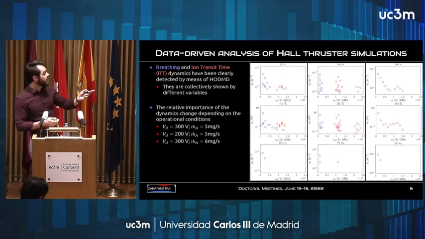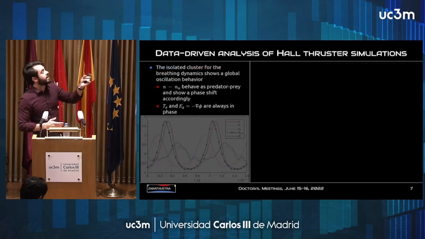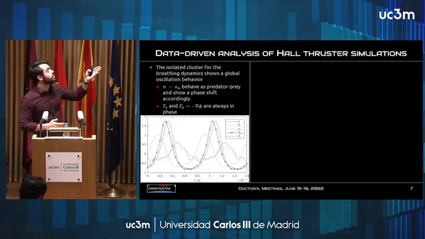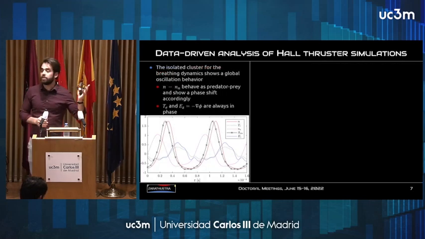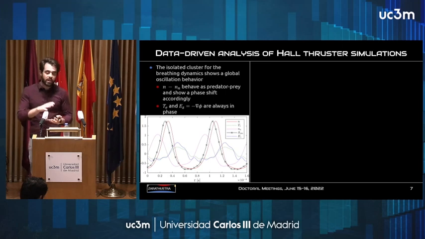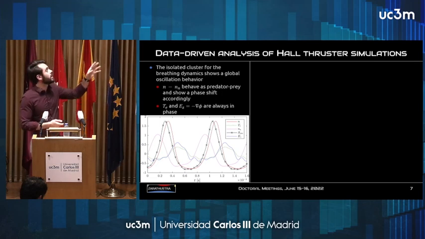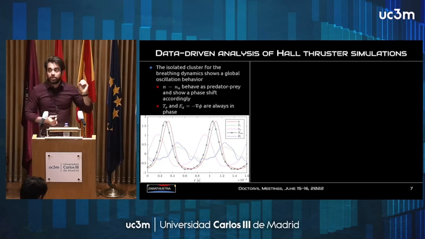And we have been able to separate them because there is a clear separation of the two dynamics, especially because we have seen that the two modes behave completely differently. The first dynamic, the breathing mode, is a standing oscillation, so a global oscillation that doesn't move. It happens mainly in the chamber of the thruster, and it shows a clear predator-prey dynamic. In this plot you see that the plasma density, the pink line, peaks before the neutral density does.